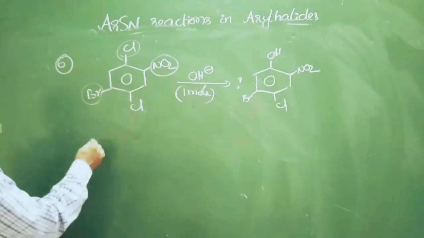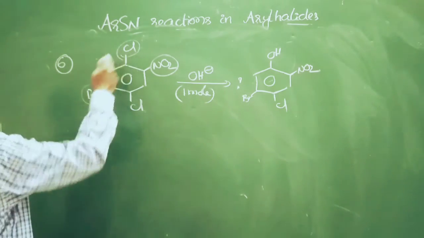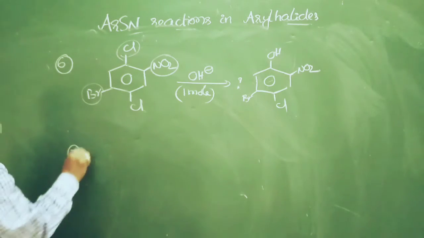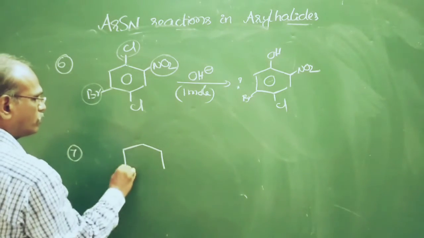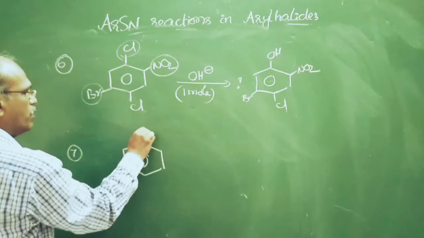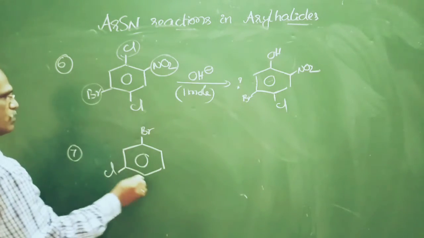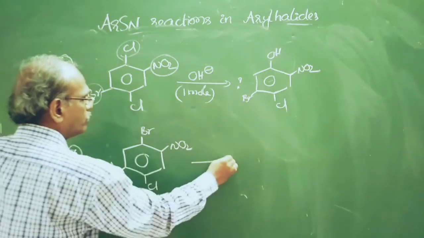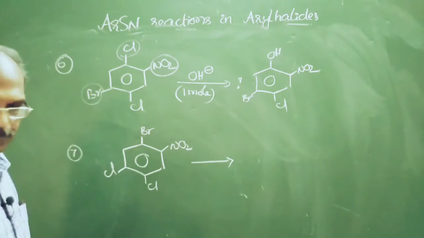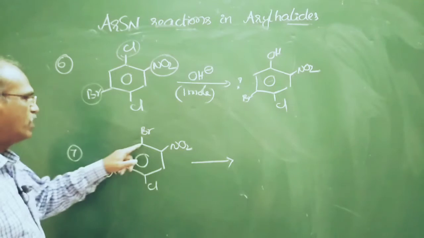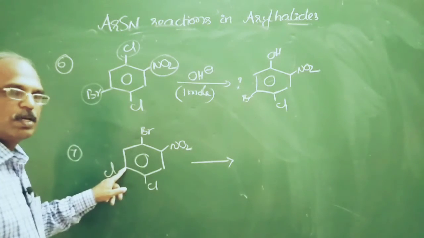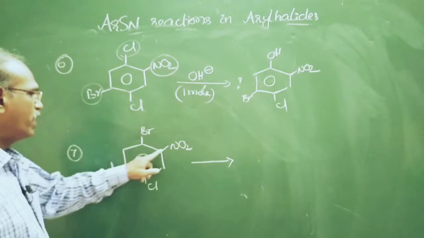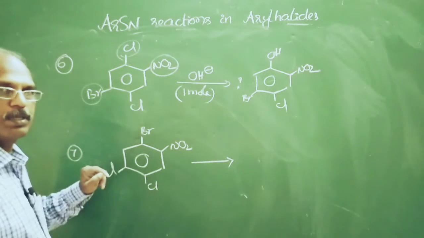Suppose Br is here and Cl is here, with this NO2. Again, does the nucleophile prefer this carbon or this carbon? Clearly this one, because the minus M effect is the same.